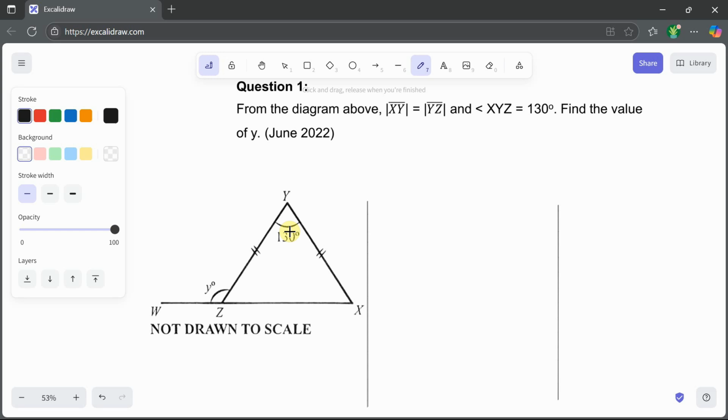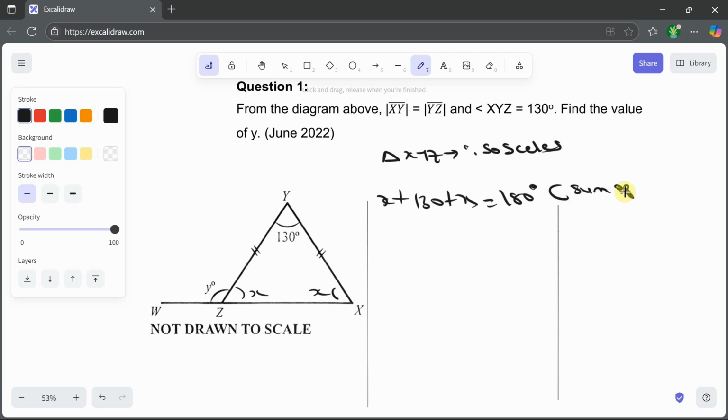So this is the diagram. We know that triangle XYZ is isosceles, right? So if this guy is x, this guy will also be x. So if I say x plus 130, which is this guy, plus this other x, it should give me 180 degrees because of the sum of angles in a triangle.